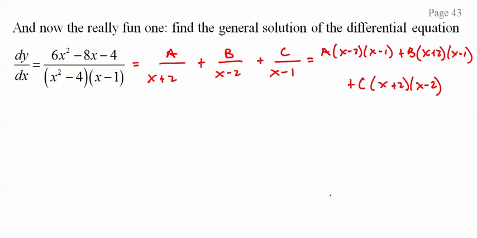This will take forever. I will give you hints. Set x equal to 2, then x equal to negative 2, and then x equal to 1.